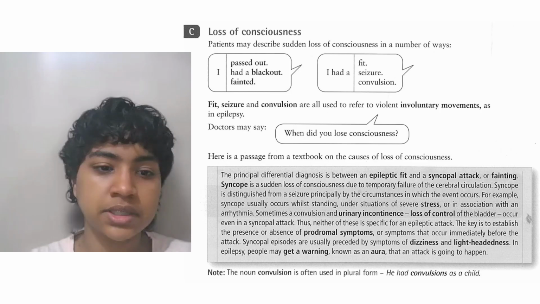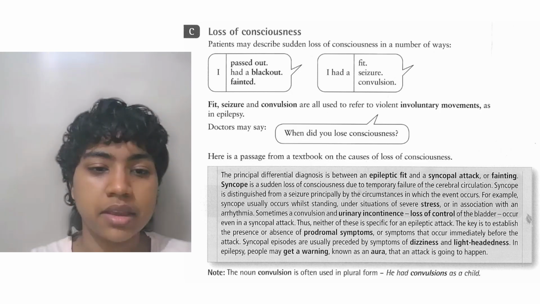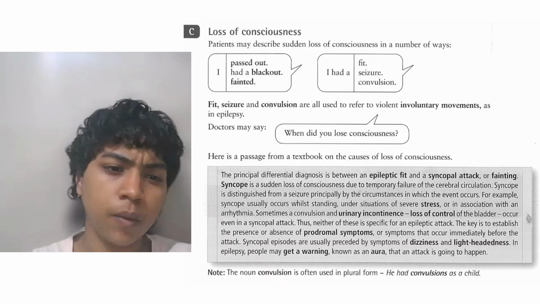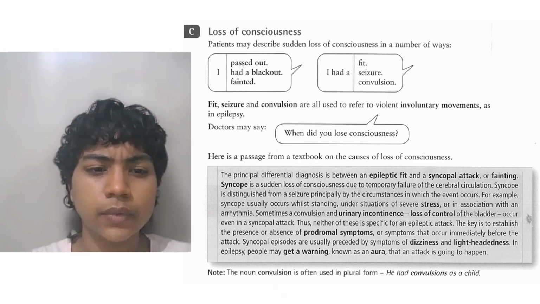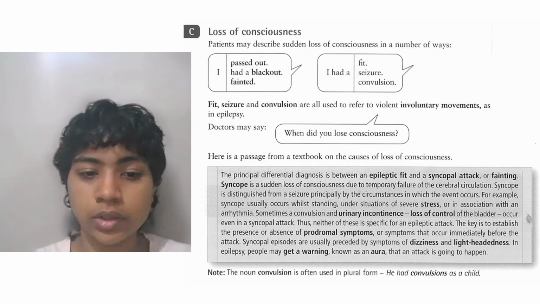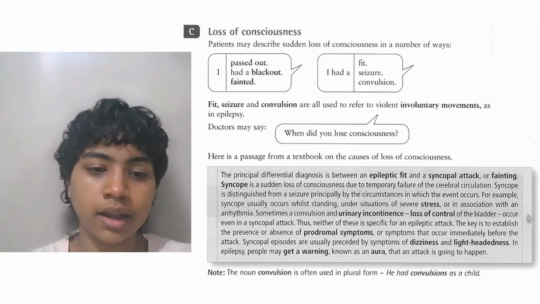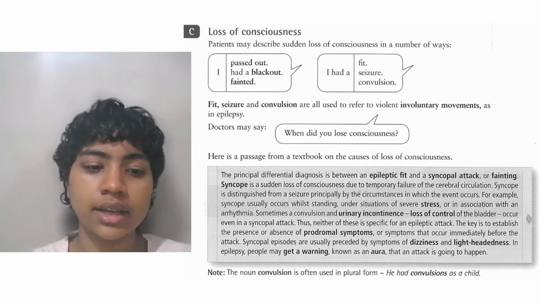In epilepsy, people may get warning known as an aura that an attack is going to happen. Note, the noun convulsion is often used in plural form. He had convulsions as a child.